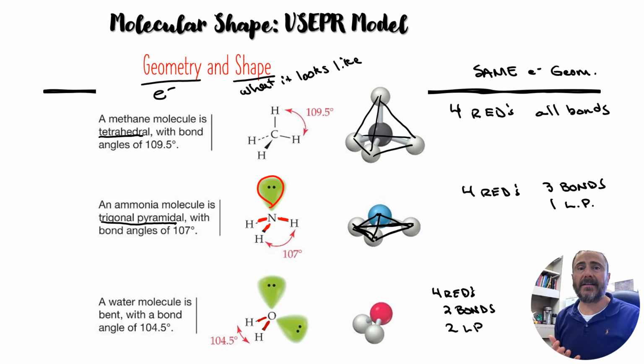We don't see the lone pairs when we look at the actual shape of the molecule, and that's why the shape is different from the electron geometry. So the electron geometry for this is still exactly the same as the other ones, but the shape of this one is something that we call bent, because when we look at the molecule itself, it just looks like a little bent V.